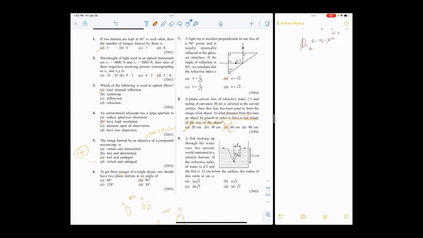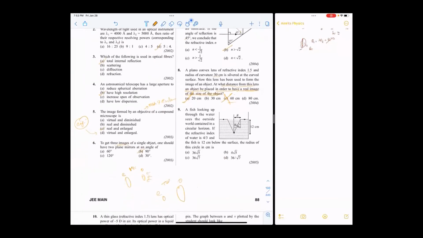That means the object distance is asked, so that the size of the image and object are the same. He's not asking the size of the object because he hasn't given the size of the image, so you cannot find it. Clear, bachon? Right?